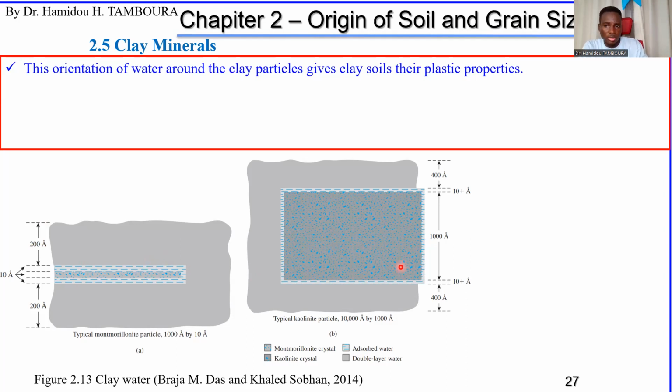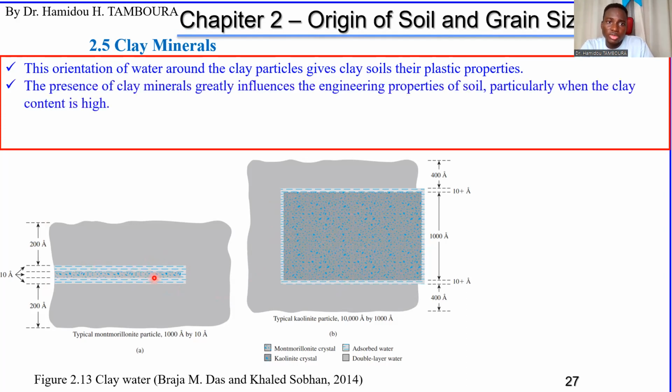So, as I told you before, when we add a certain amount of water to clay, the clay becomes plastic. So this is because of the orientation of this absorbed water, okay? The presence of clay mineral greatly influences the engineering property of soil. So we have to be careful if there is any clay in soil.